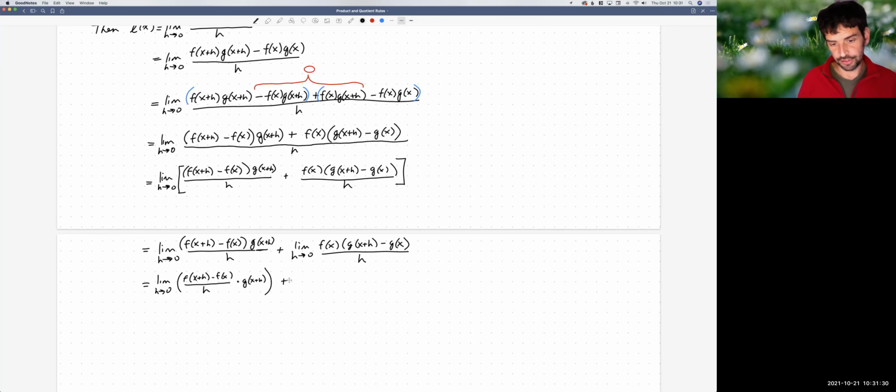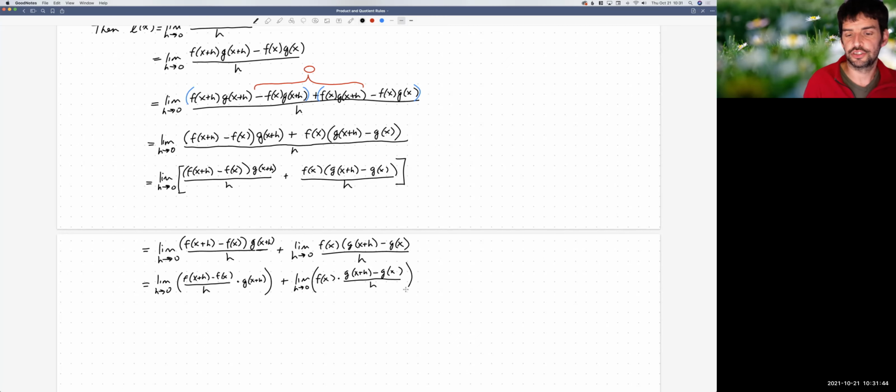And then I'm going to do the same thing here. I'm going to have the limit as h goes to 0 of f of x times g of x plus h minus g of x all over h. Okay, so I've just pulled those things off and put them out front or out back, depending on which one I'm talking about.